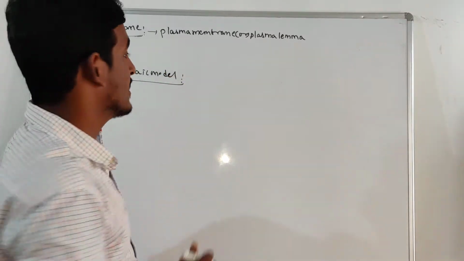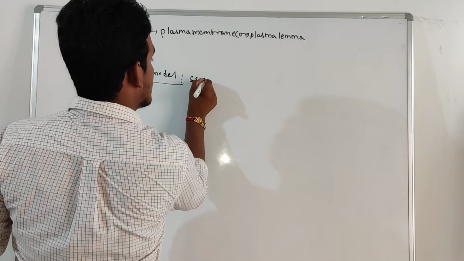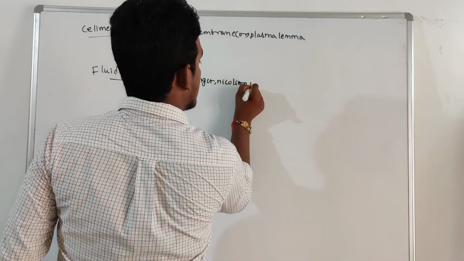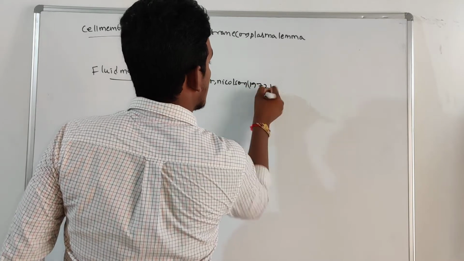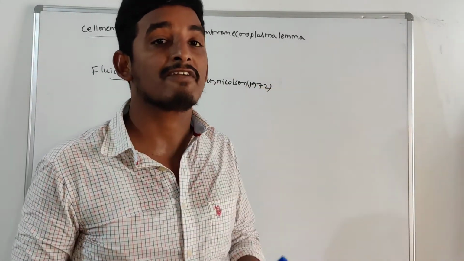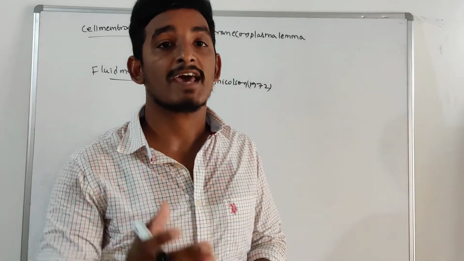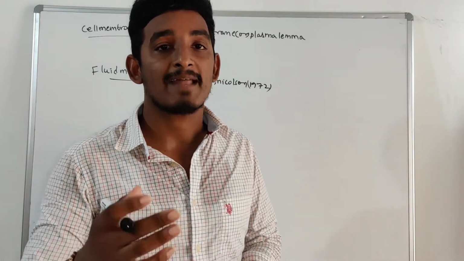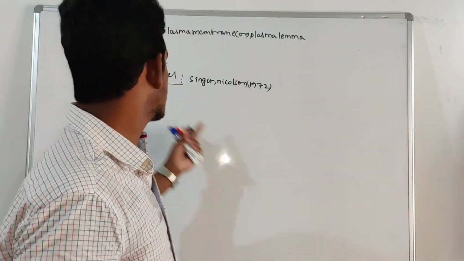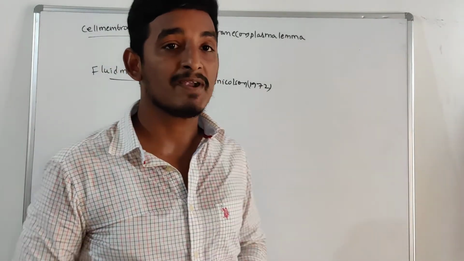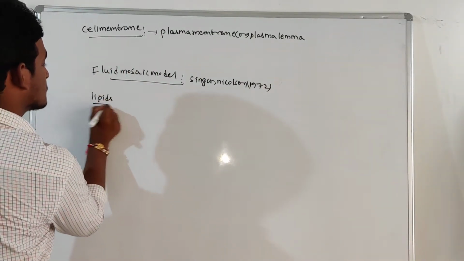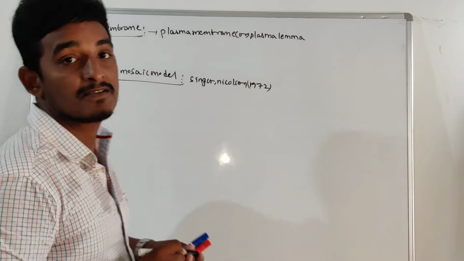It was proposed by Singer and Nicholson in 1972. According to this model, it has lipids, proteins, carbohydrates, and cholesterol also. First we start with the lipid molecules. Which type of lipids are there?